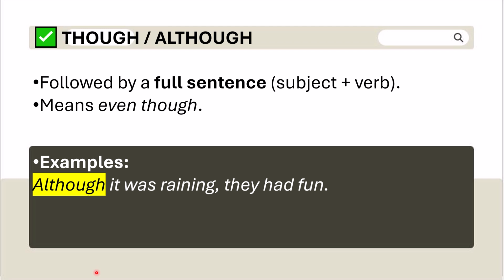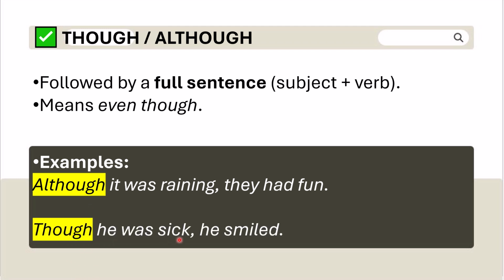Although it was raining, they had fun. Though he was sick, he smiled. Usually, for some people who are sick, it's difficult to have a smile on their face. So here showing the contrast, though he was sick, he smiled. So we can write in this way, though he was sick, he smiled.